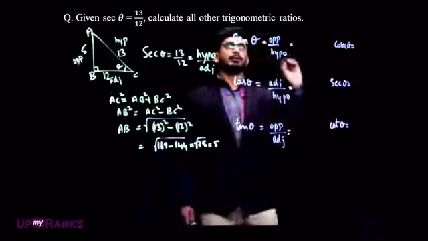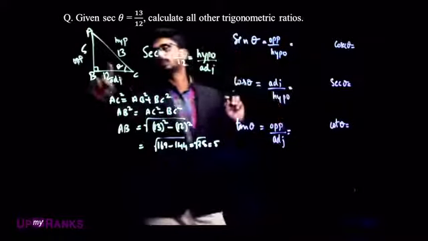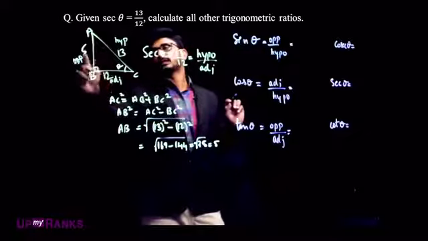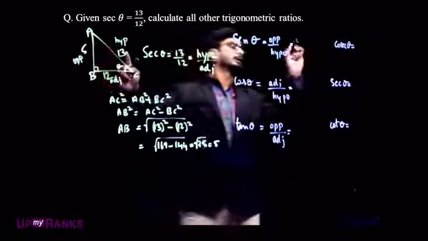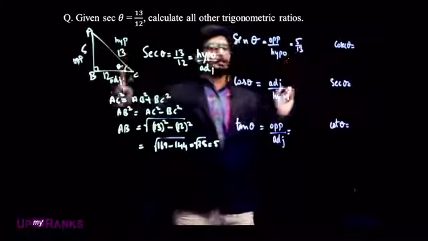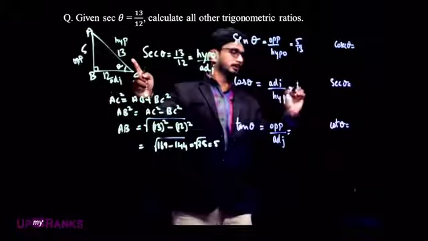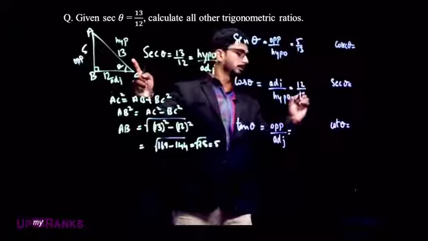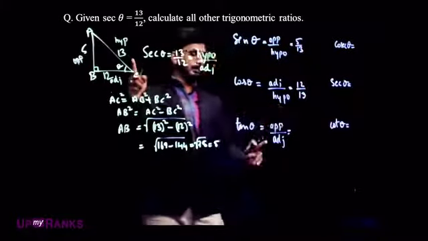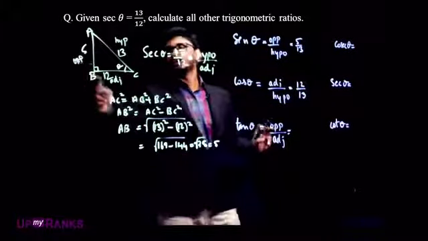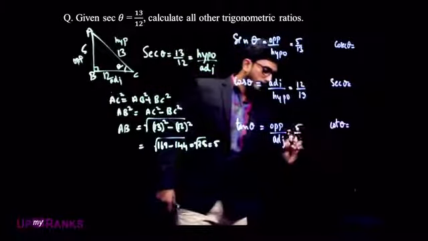So let's write now: what is sine? Opposite by hypotenuse, sin theta is 5 by 13. Then we have cos, adjacent by hypotenuse, 12 by 13. Then we have tan, opposite by adjacent, 5 by 12.